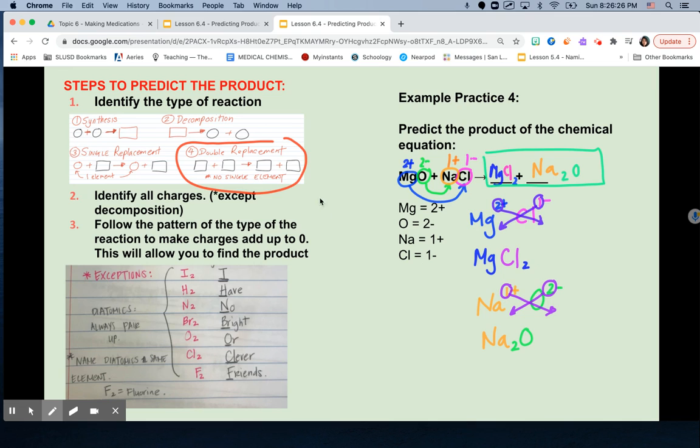So again, the key things to remember is the general structure of these, the parts where we write out the letters A plus B, arrow, AB. Things like that will help you figure out the general structure. Don't forget to identify the charges. Don't forget to make sure to swap the charges.